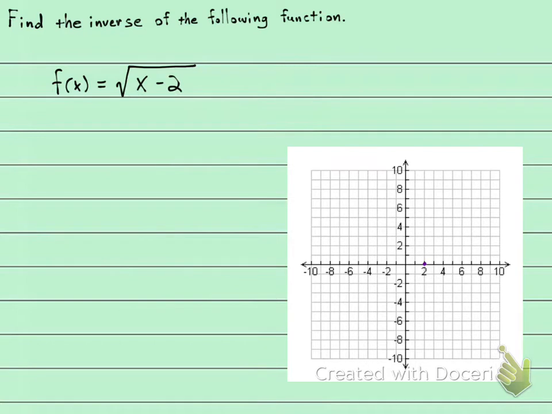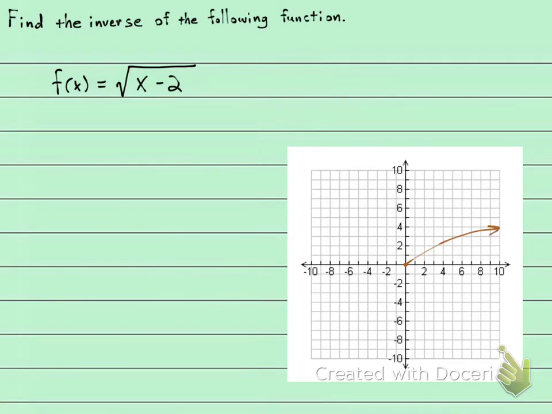So before we actually work this, where we switch the x and the y, I'm going to graph this function right here, the square root of x minus 2. We know that the basic shape of this starts here at the origin and looks like that. It's the top part of a sideways parabola.